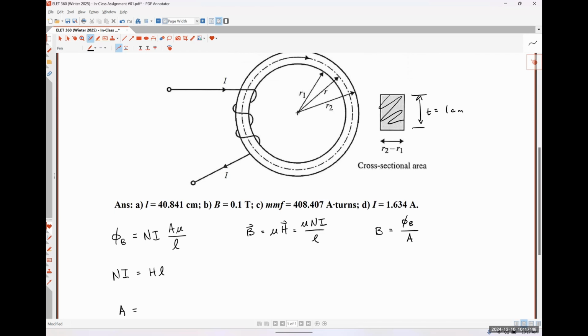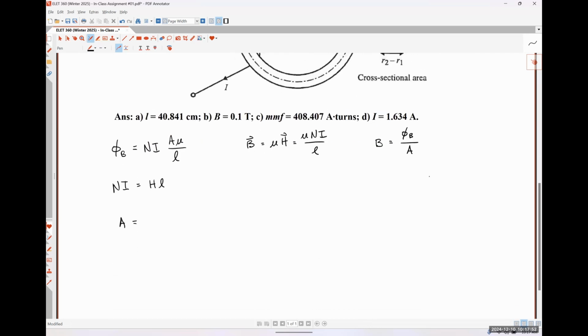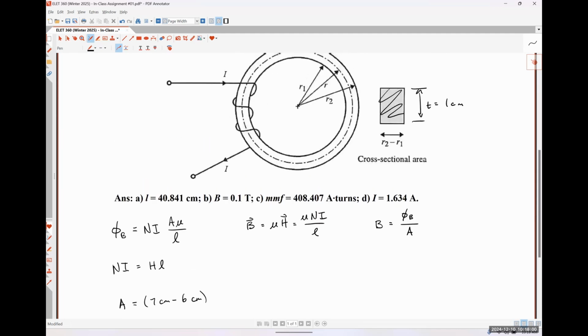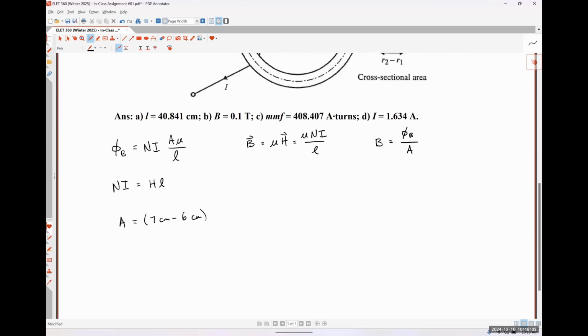The width is simply R2 minus R1, so that's 7 centimeters minus 6 centimeters. And our thickness, T, is also given as 1 centimeter. So our cross-sectional area is just 1 square centimeter. Nothing particularly wild or crazy about that.